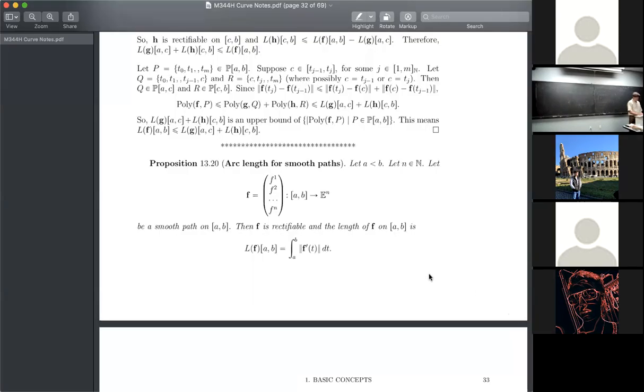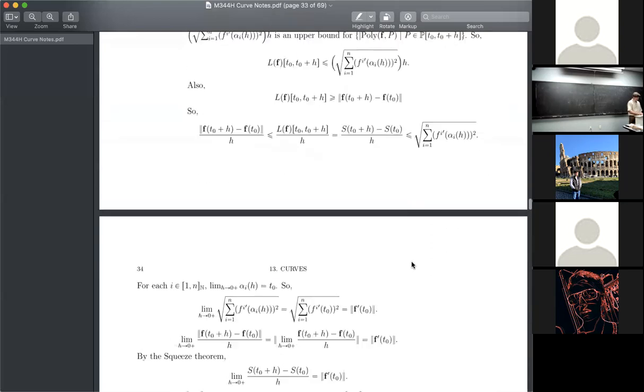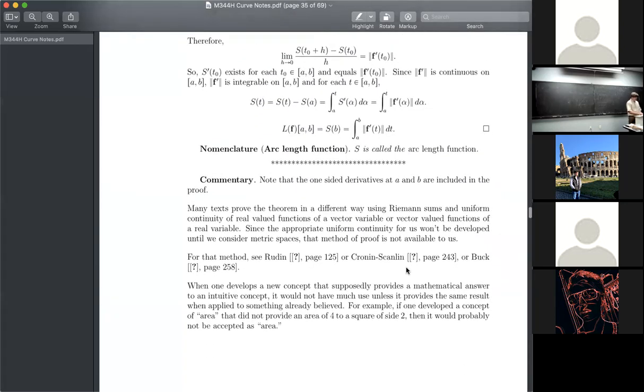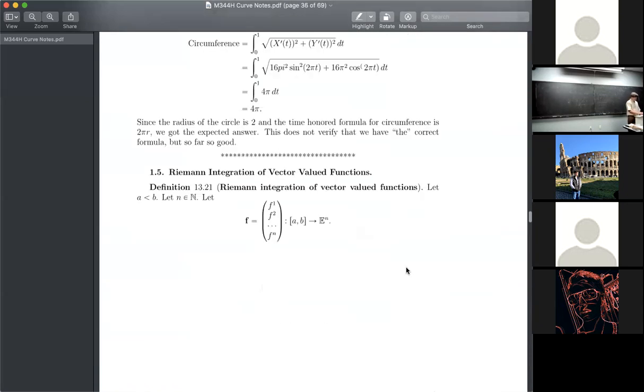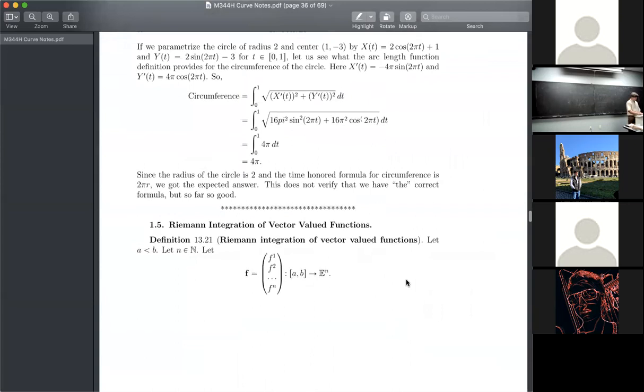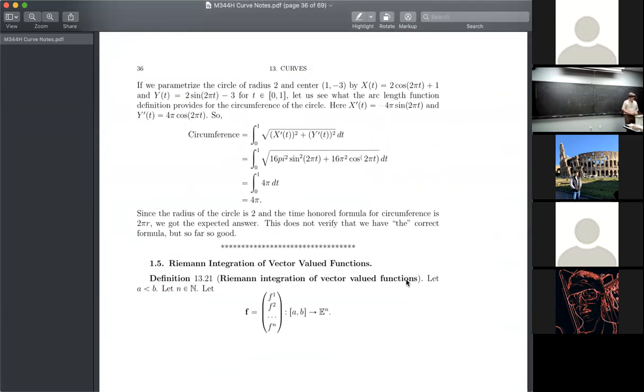So let me go back to the screen here for you guys at home. I hope this is not too hard to follow along what I'm trying to say here today. Basically, on the bottom of page 36, we talk about integration and differentiation.